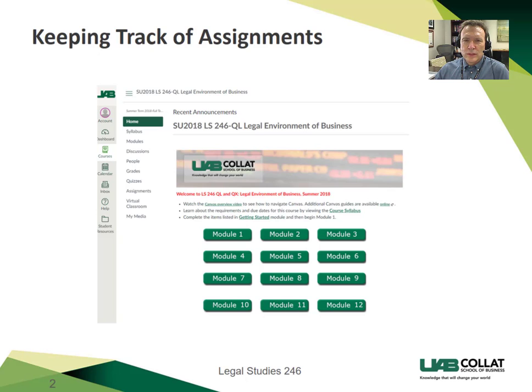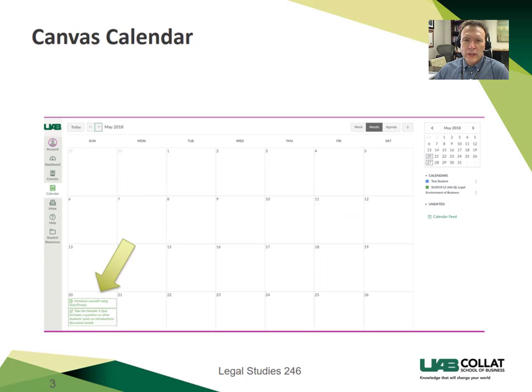It's very important that you keep up with the due dates of your assignments, of course. There are several ways you can do that. You can click on Assignments on the home page, and a list of the assignments and their due dates will come up. Another way is to go into the Calendar feature.